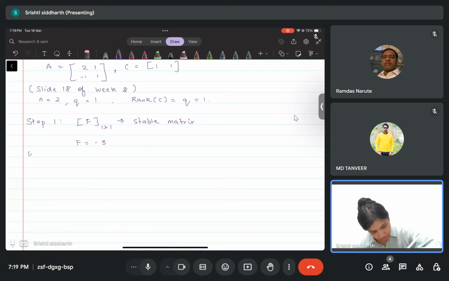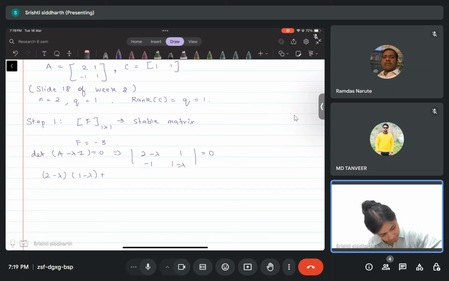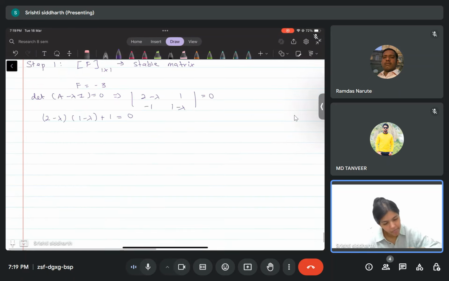So again, we have determinant of A minus lambda I, which implies 2 minus lambda, 1 minus lambda, and we get 2 minus 2 lambda minus lambda plus lambda square plus 1 equals 0.